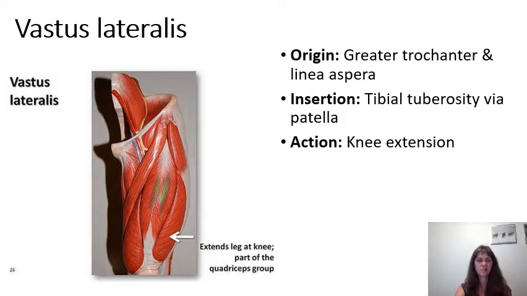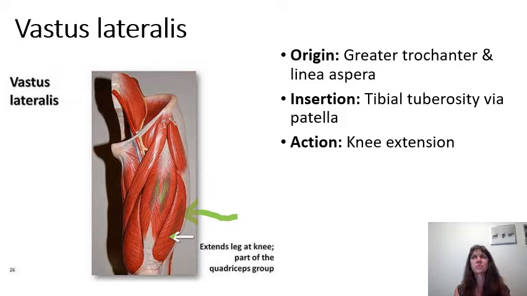On the lateral aspect, we have vastus lateralis. The origin of vastus lateralis is the greater trochanter and the linea aspera. The insertion is the tibial tuberosity by way of the patella. The action, again, knee extension.